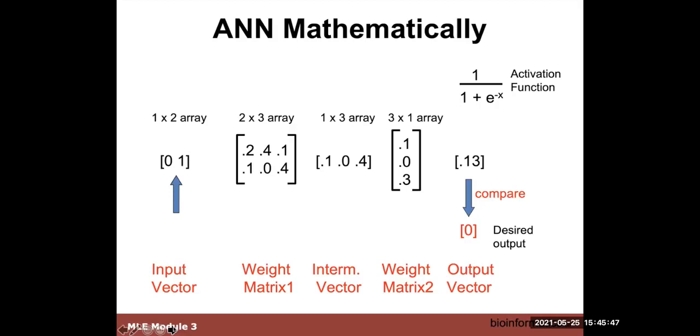So we could have our weight matrices. In this case, there's weight matrix 1 and weight matrix 2. We have our input, which is 0 and 1, and we have an output, which is 0.13. We can multiply that output through our activation function and determine, is it close to 0 or is it not? We can compare to a desired output.